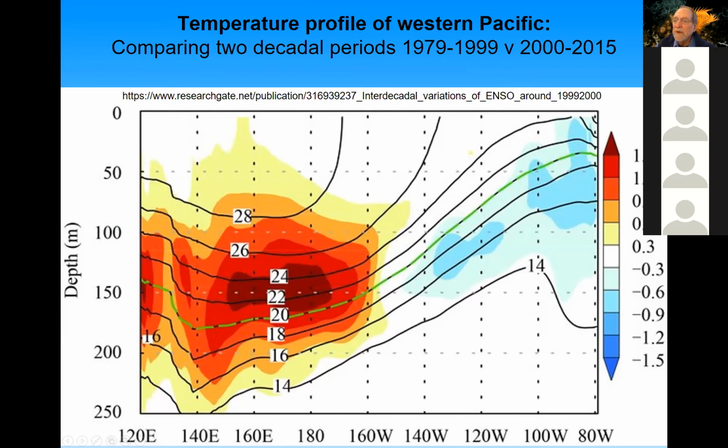So what this is saying is that in the Central Pacific, if we compare 1979 to 1999 versus the same average over this more recent 15-year period, there's been an increase in water temperature. Okay, so these contours here are the delta, the difference in temperature comparing 1979 to 1999 with 2000 to 2015.